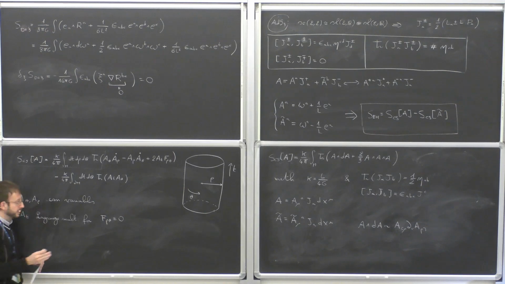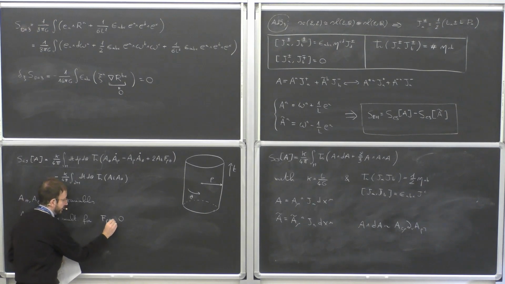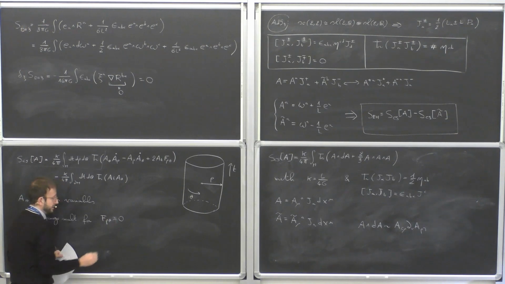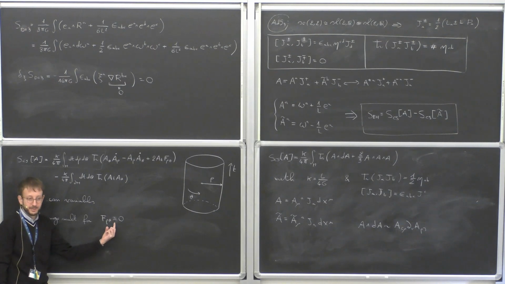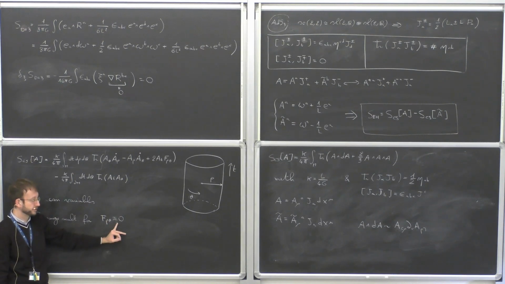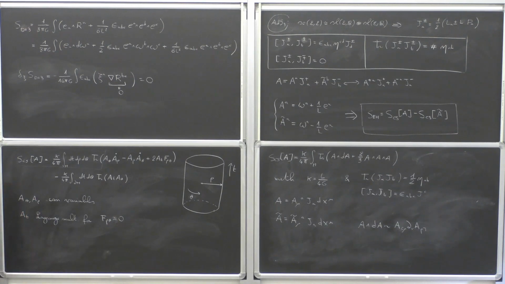I told you that this was on shell; today, let me use this symbol to say that it's true on the constraint surface. It's just a disclaimer: today we change the meaning of this symbol, and from tomorrow you have to forget this meaning again.